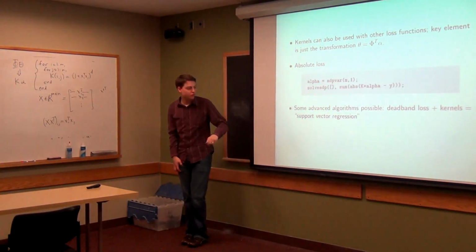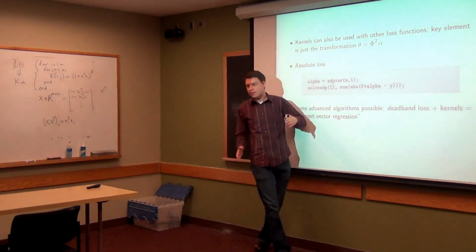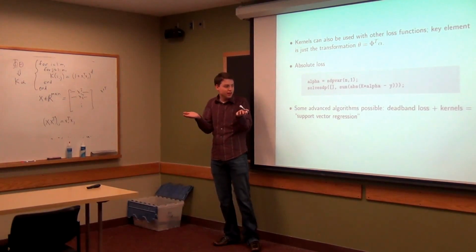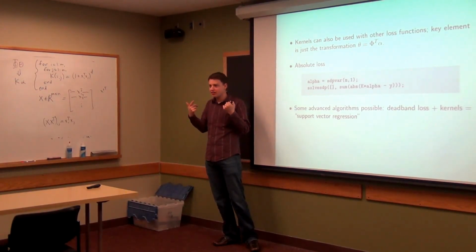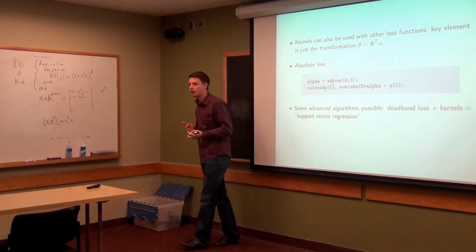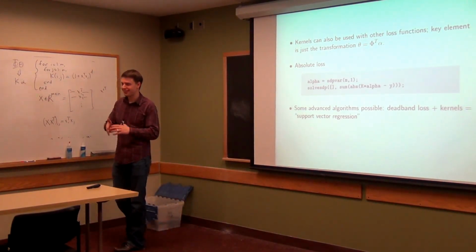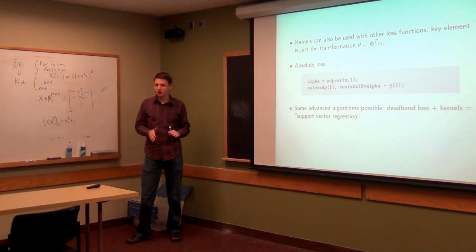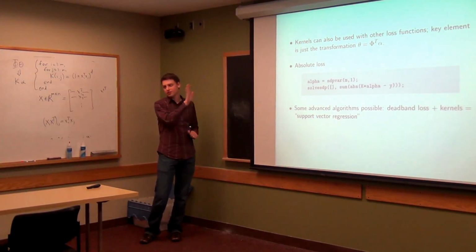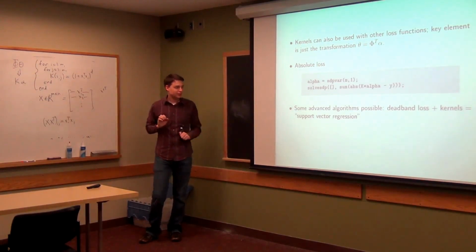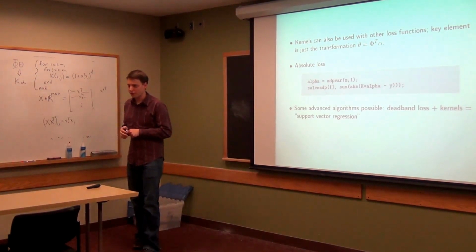So if you use this deadband loss, which is an epsilon range that suffers zero loss, and you use kernels, people call that support vector regression, for reasons that make sense historically, but that's all it is. So a lot of algorithms in machine learning, and very advanced ones, come out exactly in this form. And let's cover some more of those in the homework.